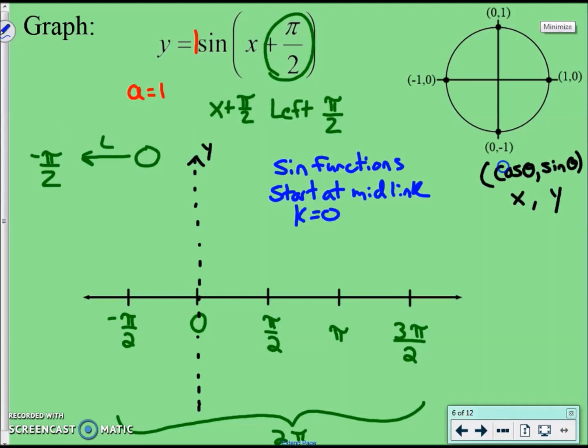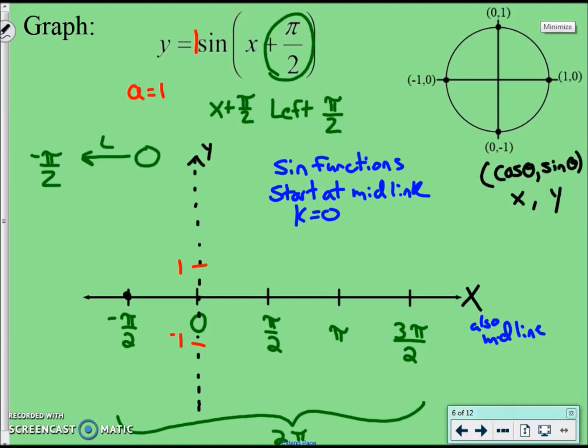K is equal to 0 here, so our midline is also our x-axis. Since our amplitude is 1, I'm just going to mark 1 above and negative 1 below. Again, since we're going to start at our midline, I'm going to draw my point at negative pi over 2 and a y value of 0.